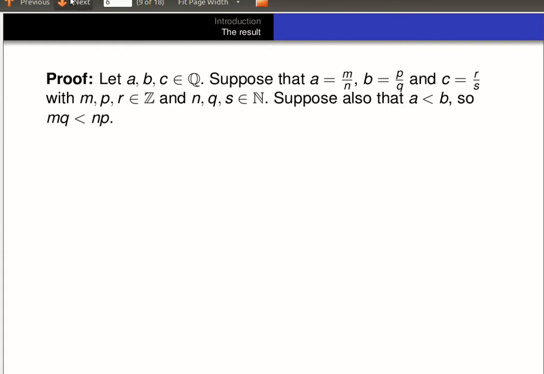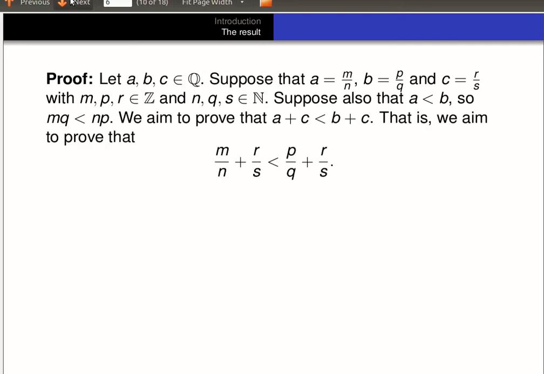Let's also suppose that a is less than b. So in particular, we know that m times q is going to be less than n times p. Our goal is then to prove that the sum a plus c is less than the sum b plus c. So with these representations, what we aim to prove is that m over n plus r over s is less than p over q plus r over s.